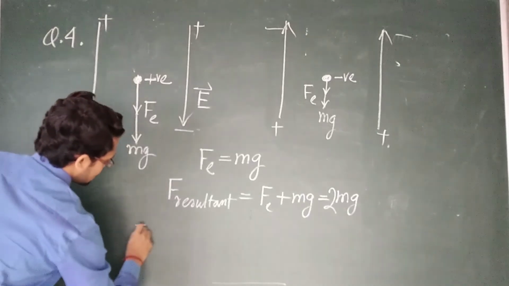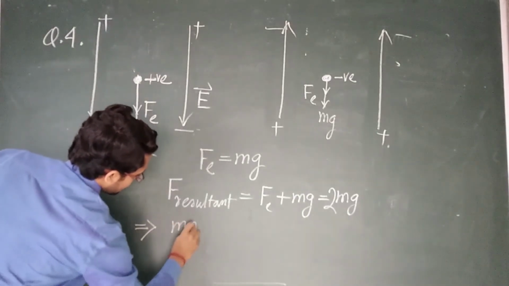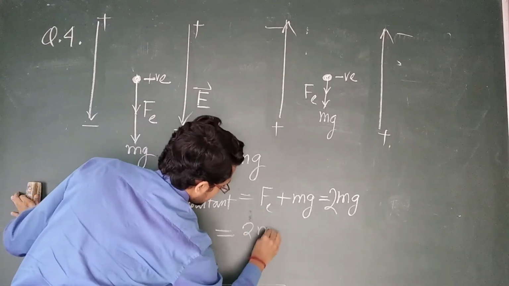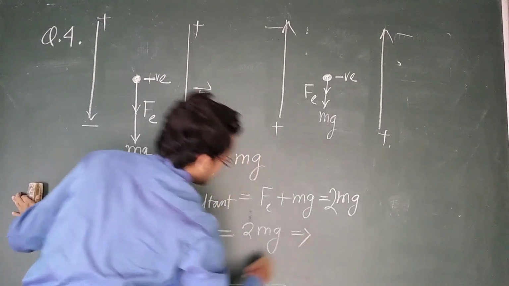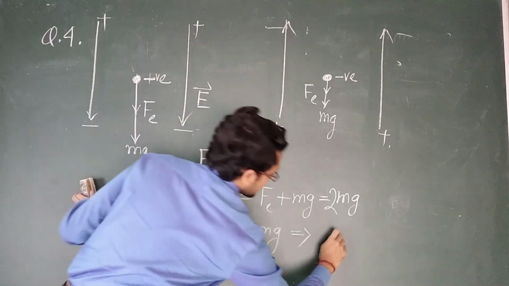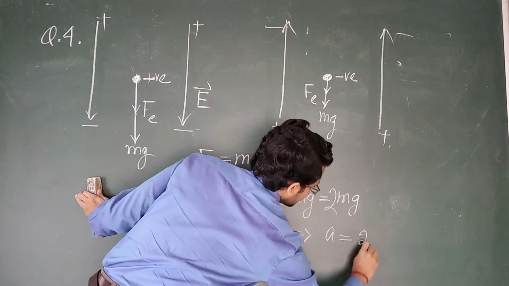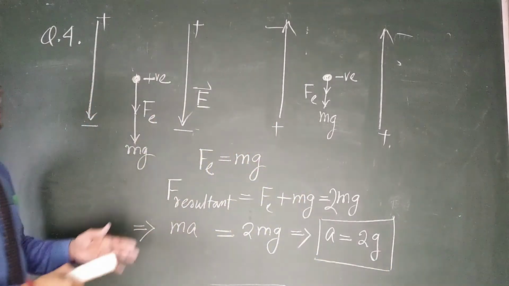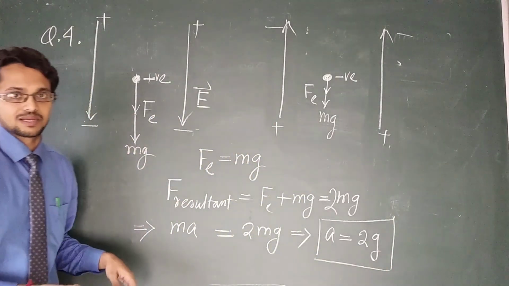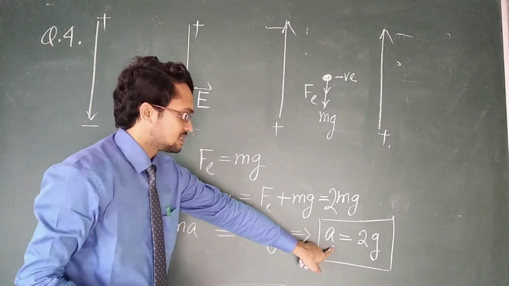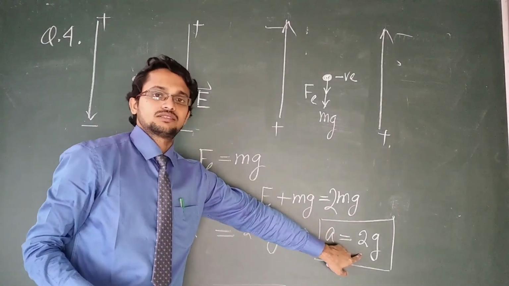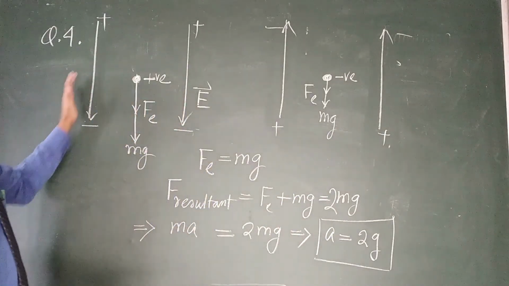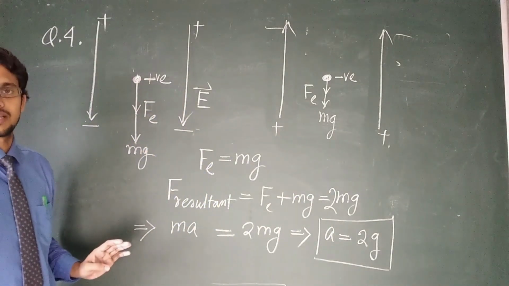Now force means mass into acceleration, mass of the charge times acceleration of the charge, equals 2mg. So at the end acceleration a will be 2g. So when we reverse the direction of the electric field in the Millikan oil drop experiment, the acceleration of the charged particle will be twice the gravitational acceleration. Understand? Okay. So this is the process.